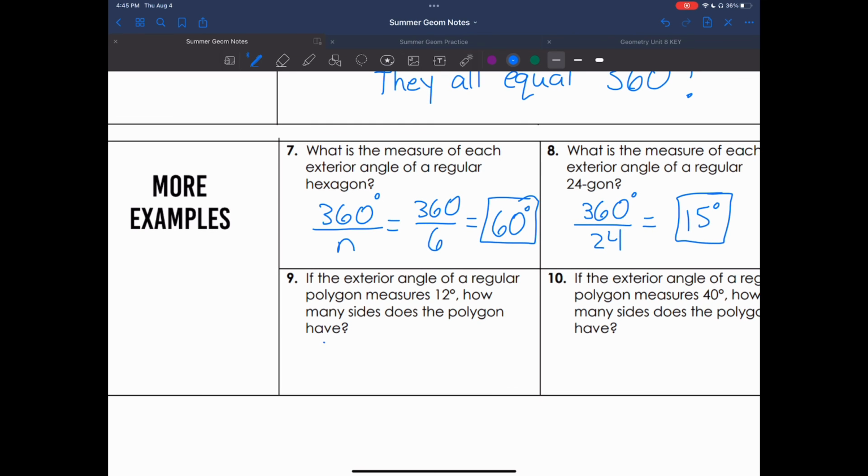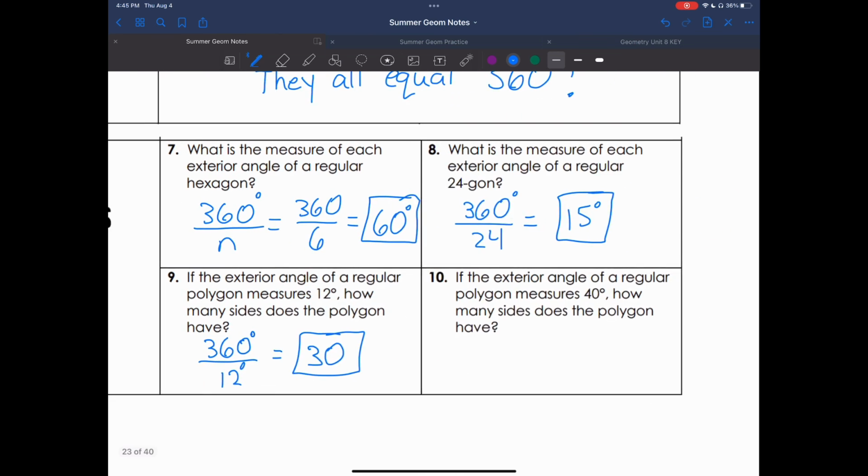If you know they add up to 360 degrees, and you divide by just one of those exterior angles, one of the 12 degrees, however many times that goes into 360 will tell you how many angles there are, which is the same as how many sides there are. So we're just going to do 360 divided by 12, which gives me 30. And I'm not going to put a degree on it because this is the number of sides that the polygon would have to have. 30 sides.